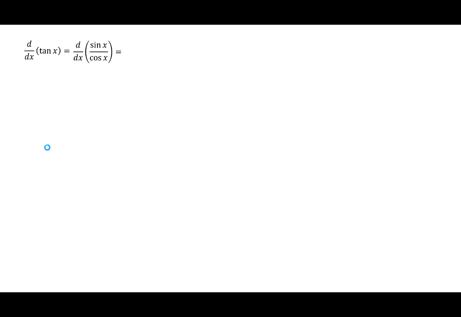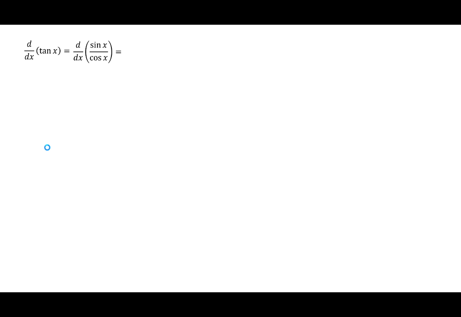You already know the derivative of the top, sine x, is cosine x, and the derivative of cosine x is negative sine x. How will that help us figure out d dx of sine x over cosine x? Give it just a little bit of a thought. Did we learn some rule in the previous section? The quotient rule? Does it look like we have a quotient here?